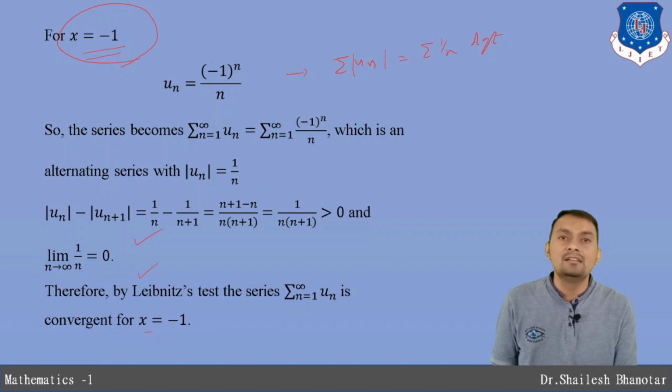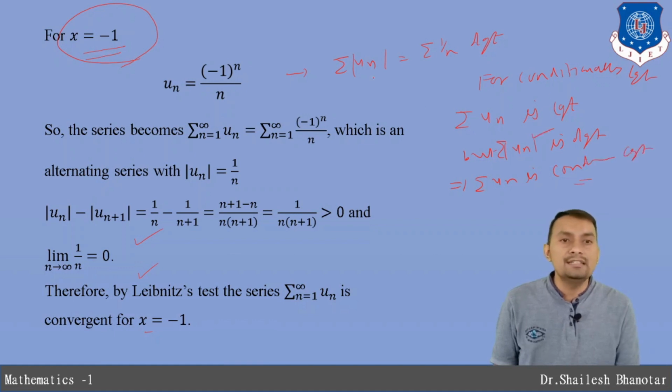Again I repeat, for conditional convergence, the given series, whatever it is, should be convergent, but the series of absolute values of u_n should be divergent. Then we can say that the given series is conditionally convergent.